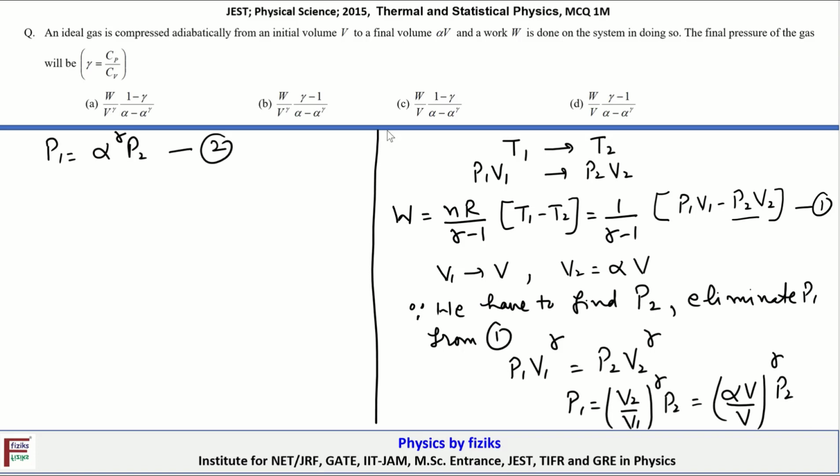Then we will obtain the expression for the work done W, which is equal to 1 upon gamma minus 1.